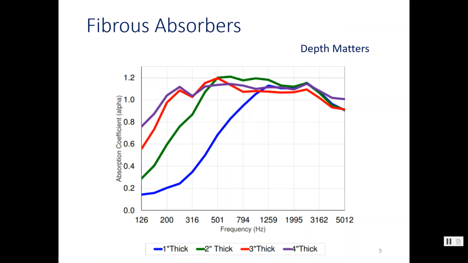So we're about to move on from the fibrous. Before we do, I wanted to mention, it's often fiberglass, sometimes it's mineral wool. It could be like a high density fiberglass or mineral wool board, like the fiberglass panel that you might put on a wall.